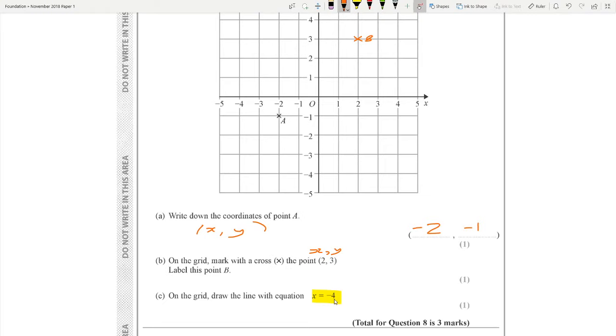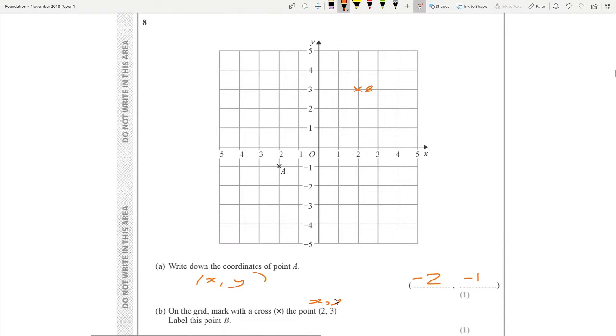So look at the x-axis, find where -4 is, right here. You want to draw a straight line that goes through -4 on the x-axis. Now I'm just going to draw a line from here, -4 on the x-axis, maybe just like that. That's your line, x equals -4.